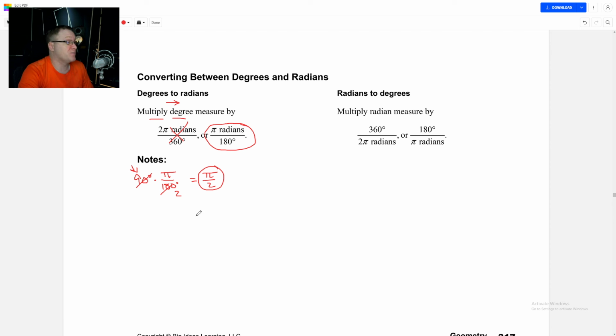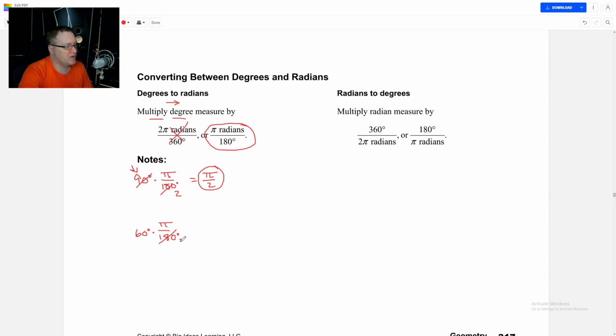Let's do another example. What if I say 60 degrees? What is 60 degrees in radians? Again, we just multiply by pi over 180 degrees. This is going to go away.